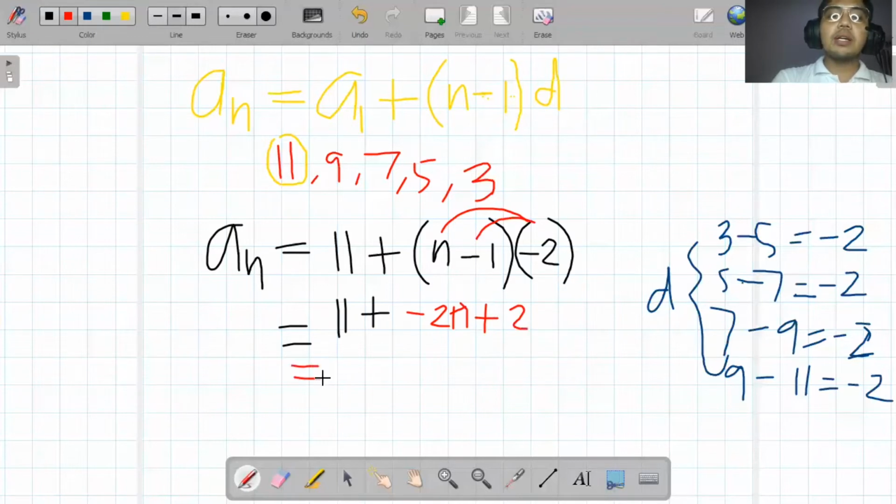Simplify, this would become positive and negative, so it becomes negative, so negative 2n.